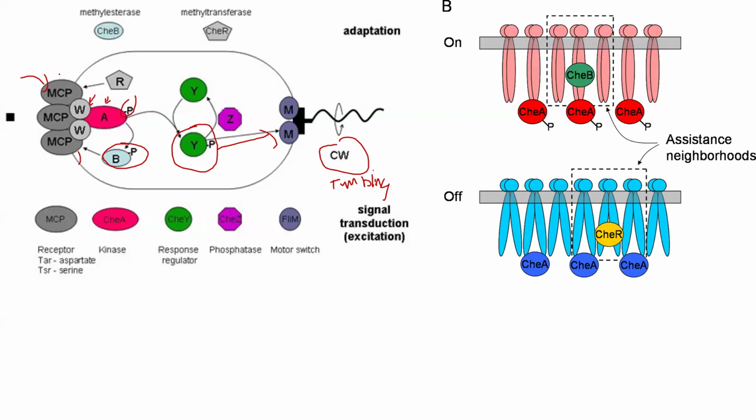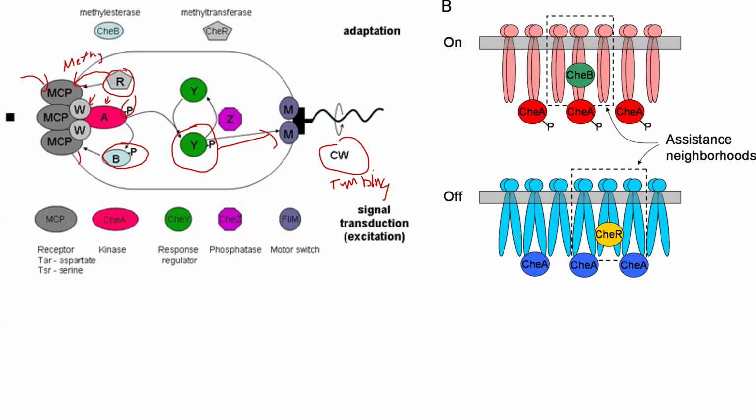So in the case where CheA is not phosphorylated, because it's not phosphorylating CheY, when the autophosphorylation doesn't occur, CheR can transfer methyl groups to these molecules.